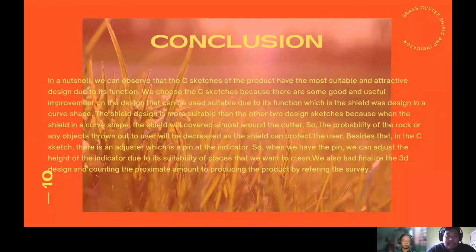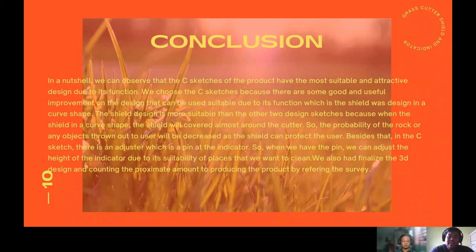Okay, for the conclusion, we can observe that the C sketch or C design has the most suitable and attractive design for its function. We choose the C design because it will be useful to the user as an improvement on the design, and it is suitable due to its function, which is that the shield was designed in a curve shape.